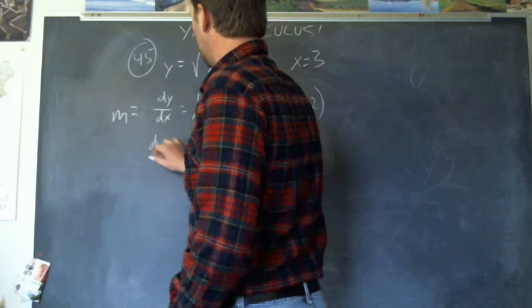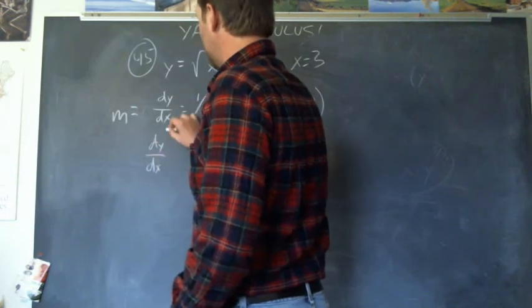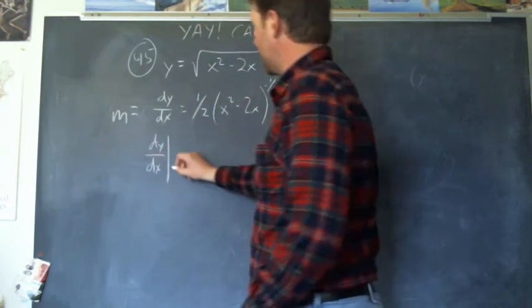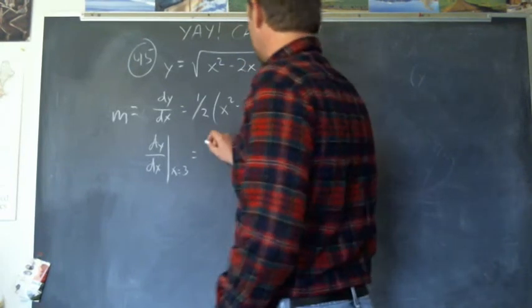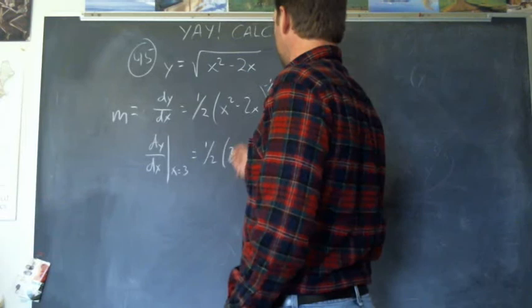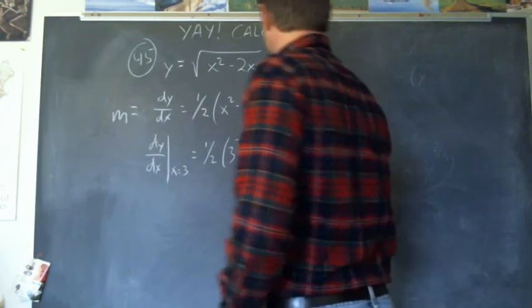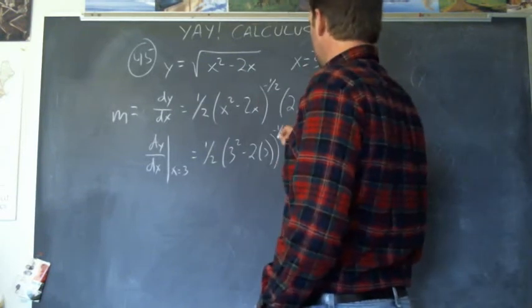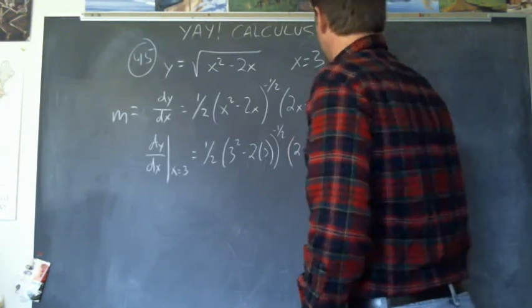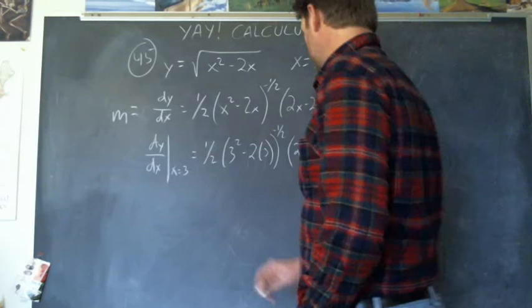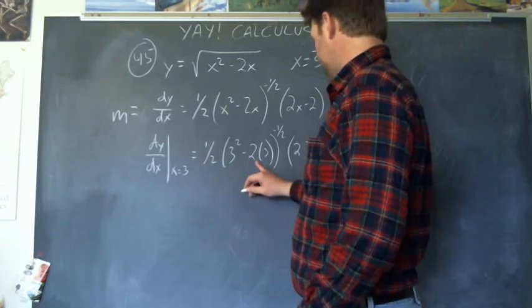Notation: dy/dx with an evaluation symbol, evaluated at x equals 3, is 1/2 times (3 squared minus 2 times 3) to the negative 1/2 times (2 times 3 minus 2). That's 9 minus 6, which is 3.